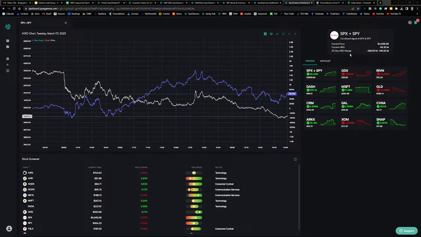This is the combined signal of SPX and SPY, and this is what you would want to use if you're trading really any form of the S&P 500: ES futures, SPY shares, SPY options, SPX options. Any one of those, if you're trading in that, this is the signal I think that you want to look at. This is what I look at, the combined signal. Again, showing calls and puts for SPX and SPY.